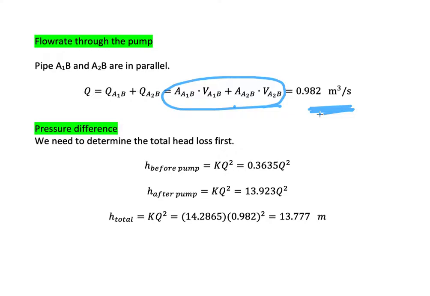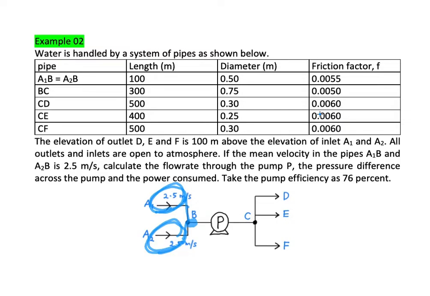And then for the pressure difference here, we need to determine the total head loss first. So we calculate the losses before the pump and after the pump. Here we have the series, and then here we have the three parallel pipes.